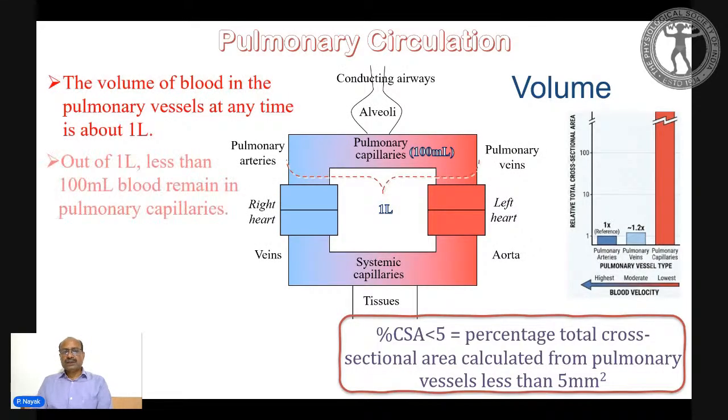The volume of blood in the pulmonary vessels at any time, in resting condition, is around 1 liter. Out of 1 liter, only less than 100 ml of blood remains in the pulmonary capillaries. Now, this is another important aspect.